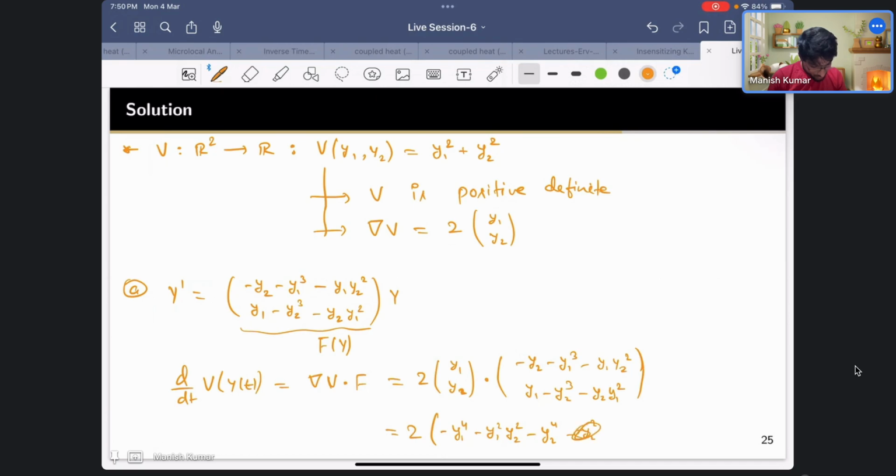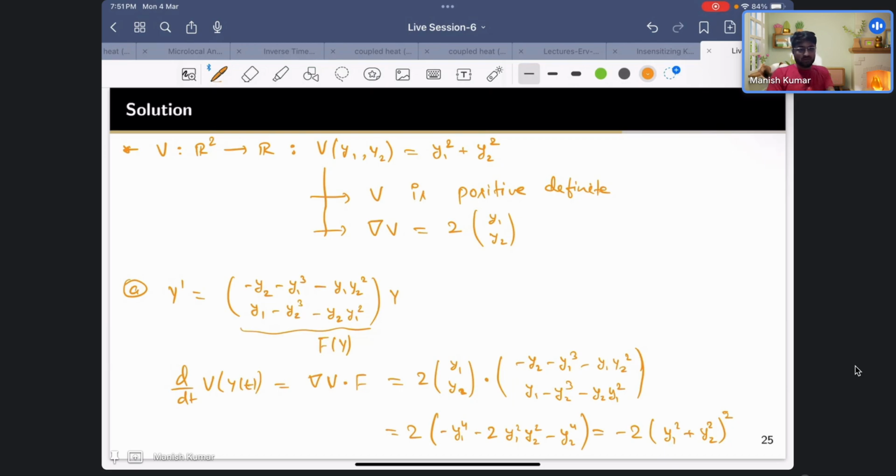This is just 2 times this, so this is nothing but minus 2 times (y1 squared plus y2 squared) whole squared. So this is what we got.